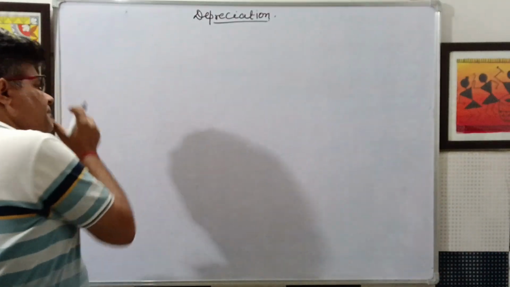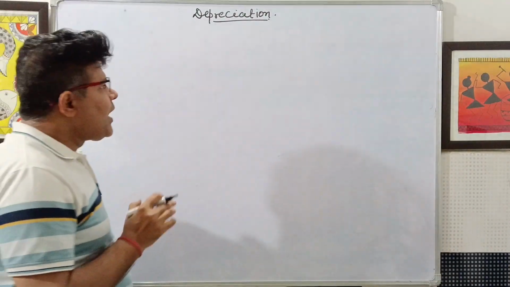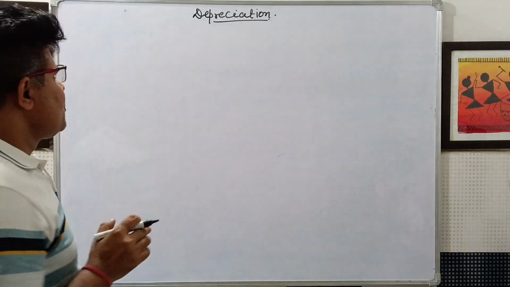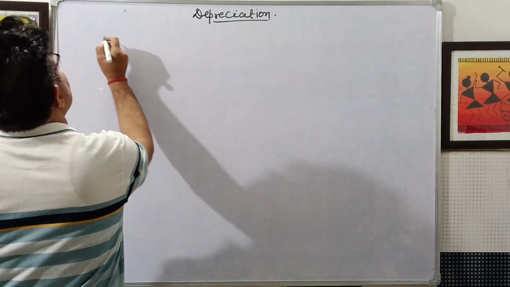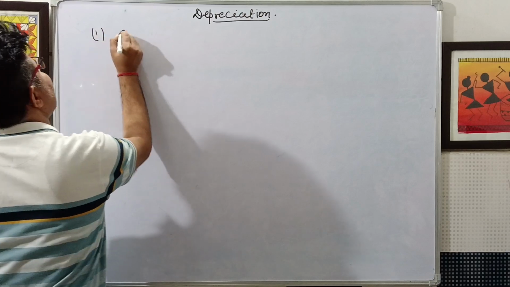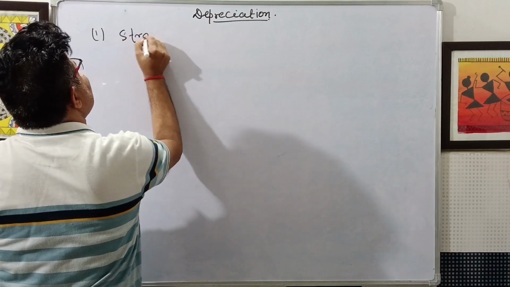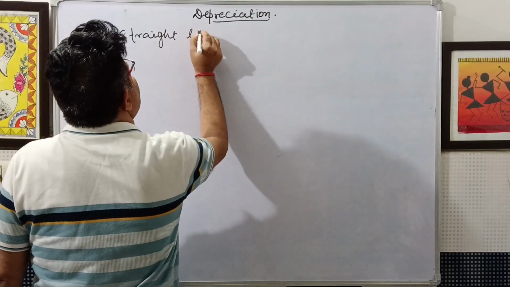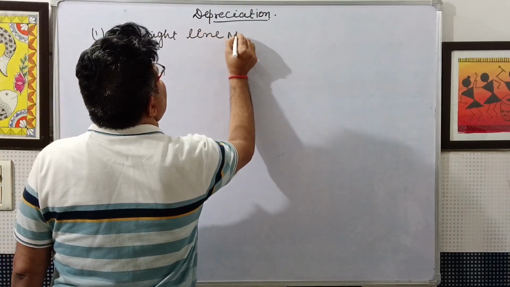In these questions, first you have to understand how to calculate depreciation. There are two methods of depreciation. The first one is the straight line method.